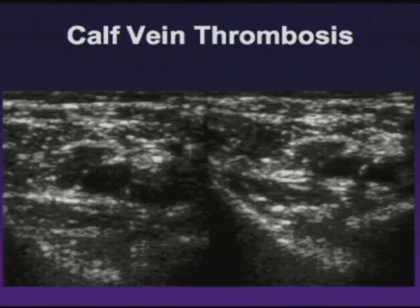Here we can see that there is a calf vein thrombus. There's the calf vein on the left, and with compression, the vein does not go away, indicating that there is a filling defect and therefore acute venous thrombosis. The problem of venous ultrasound and calf vein thrombosis is not one of specificity.